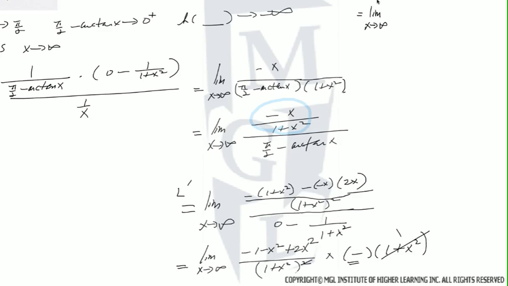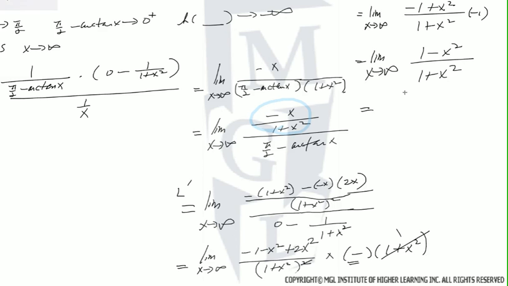Let me continue up here. I have minus 1 plus x squared all over 1 plus x squared times by negative 1. Okay, so now we're on to something. 1 minus x squared, if you multiply negative 1 onto the top.